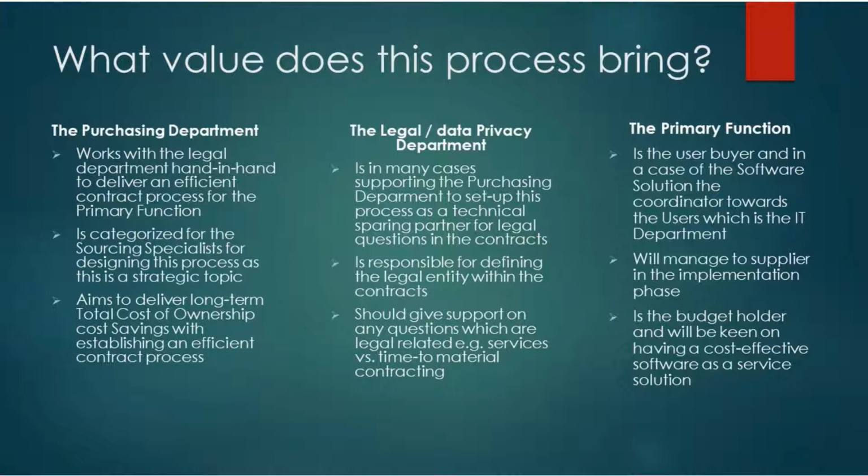So this is also something which will be looked at in the scope checklist, and yes, a cost-effective software as a service solution is always also of interest to a primary function. So yes, this would be something to also watch out for.